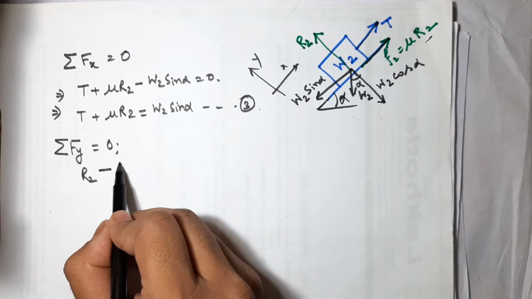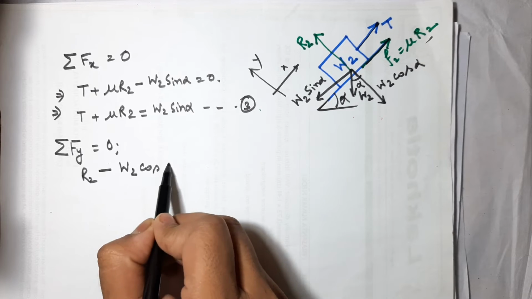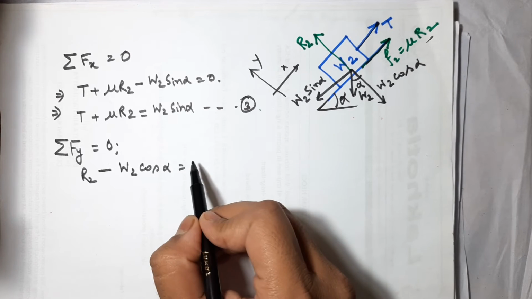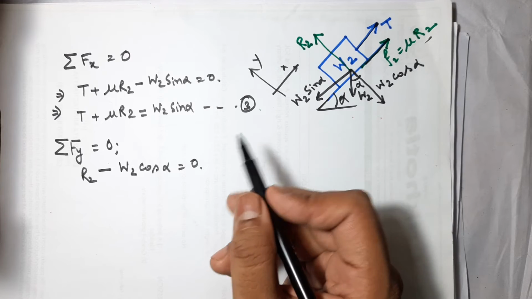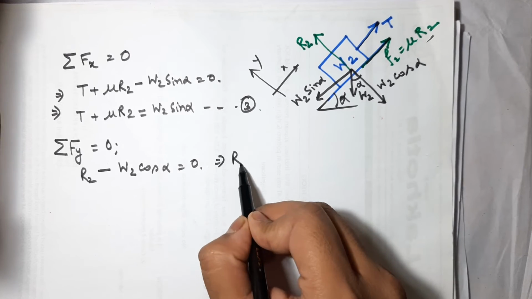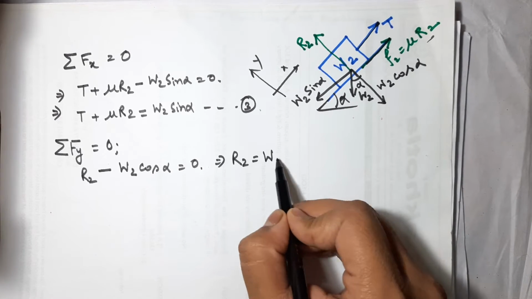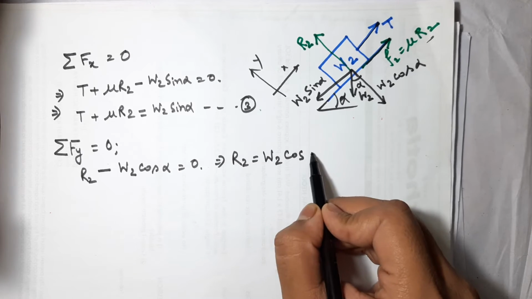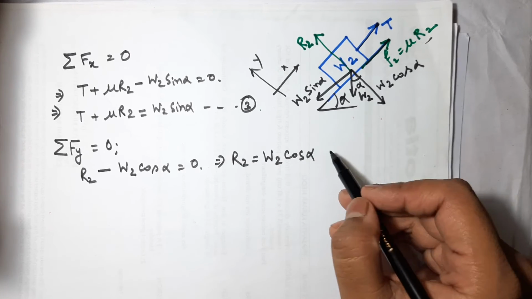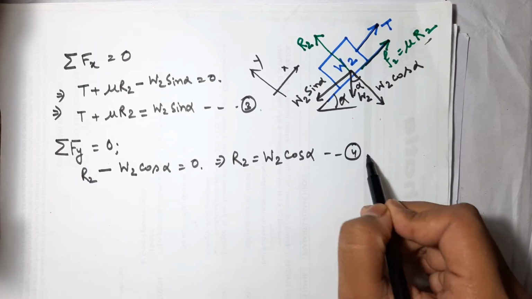So R2 minus W2 cos alpha is equal to 0, that is R2 is equal to W2 cos alpha. This is equation number 4.